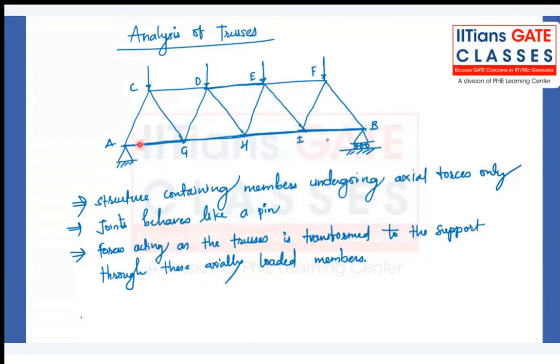Here at points A and B, at point A we have given a hinge support, and at B a roller support. So in this case points A and B carry all the load which we apply on the structure, and this is transferred through all these members to the supports.